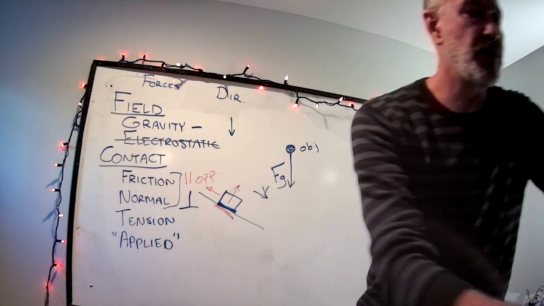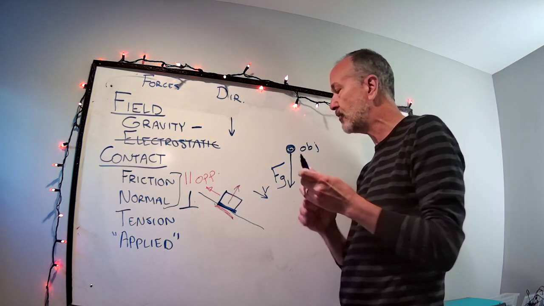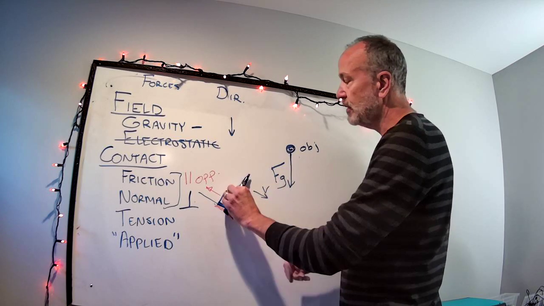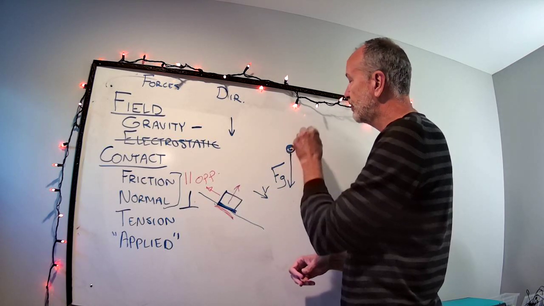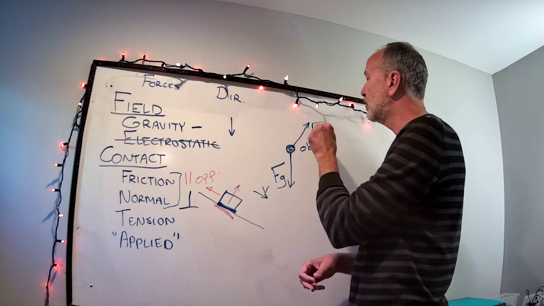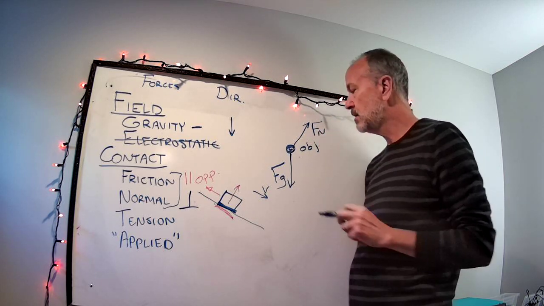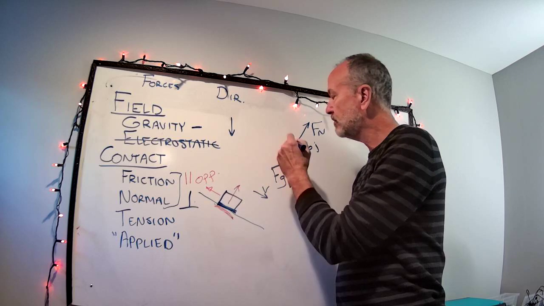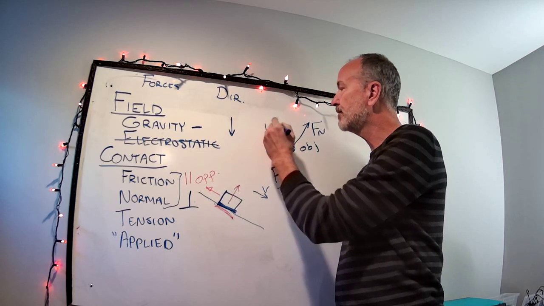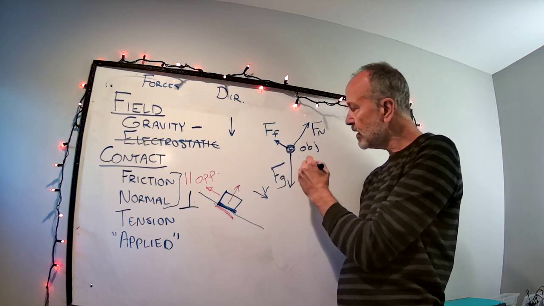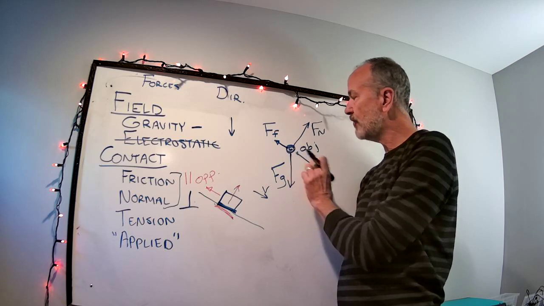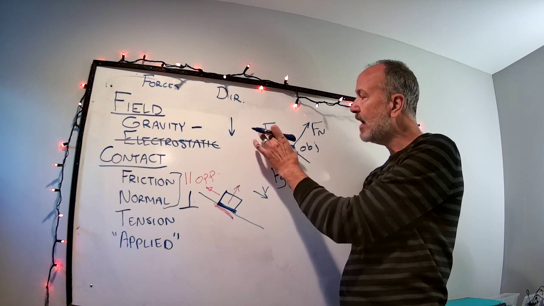So once I've got those, I can put them on the free body diagram. Normal force is in that direction. And I label it normal force. Sometimes in the future, we might see N. Friction is in that direction. Notice I don't draw it like that, because we always want to draw our forces coming out from the object.